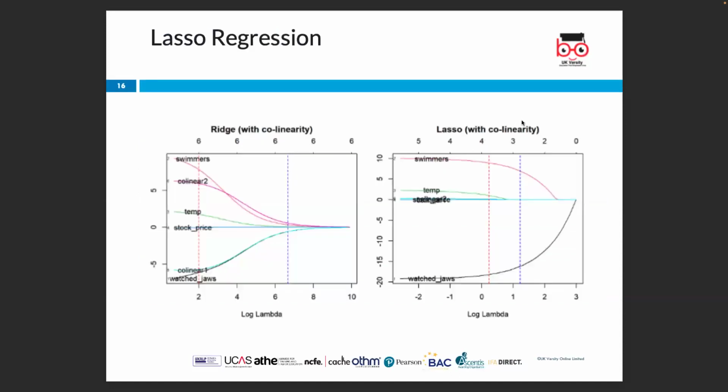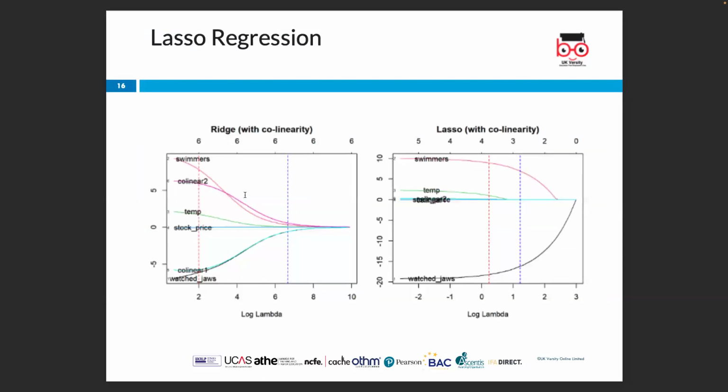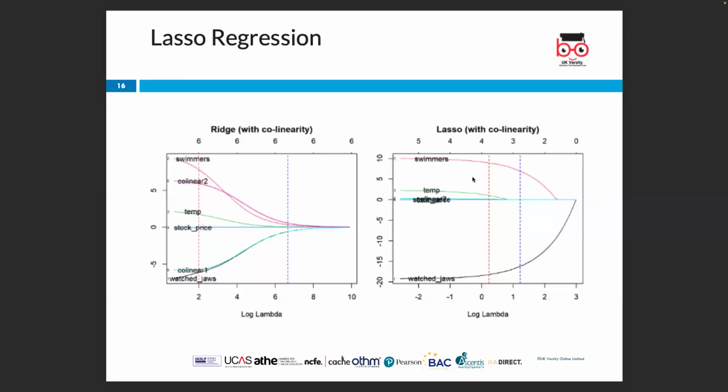Here we have the comparison between lasso and ridge: this is ridge with collinearity, and this is lasso with collinearity, with log lambda. We looked at what lambda is: the lambda variable in the ridge regression equation resolves the multicollinearity problem. So we can see the difference between lasso and ridge regression using this chart.